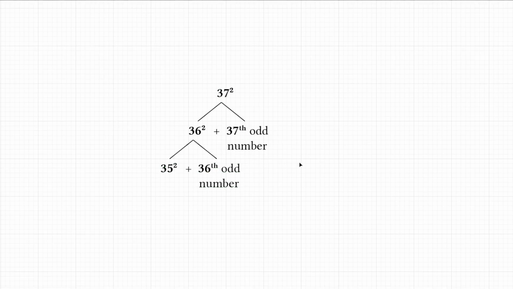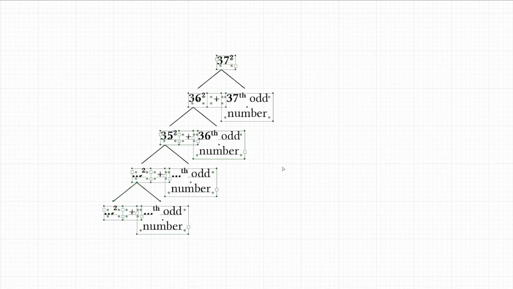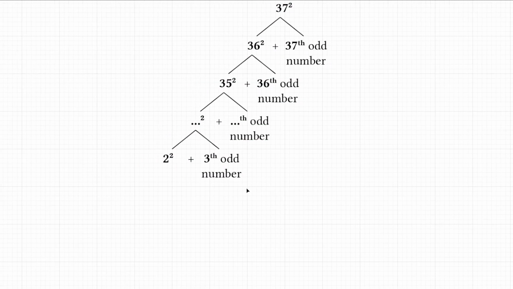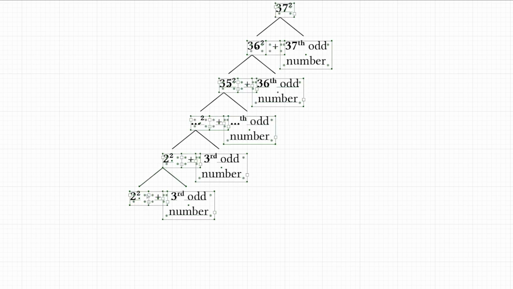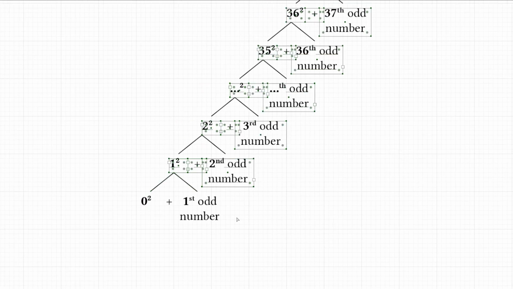And this means that as we continue this process, we reach a point where we say, okay, how do we know the square of 2? Well, that's just the square of 1 plus the second odd number. And how do we know the square of 1? Well, that's just the square of 0 plus the first odd number.